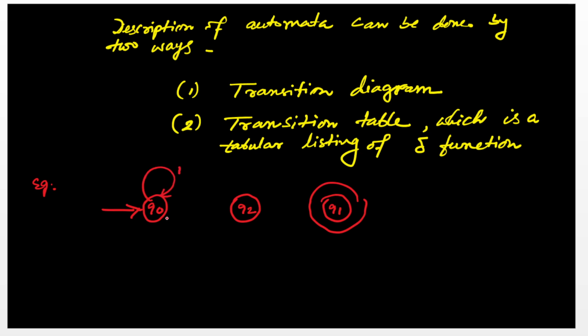The input is suppose 1, and it moves by using 0; here the input is 1, here it is 0, and input either 0 or 1.